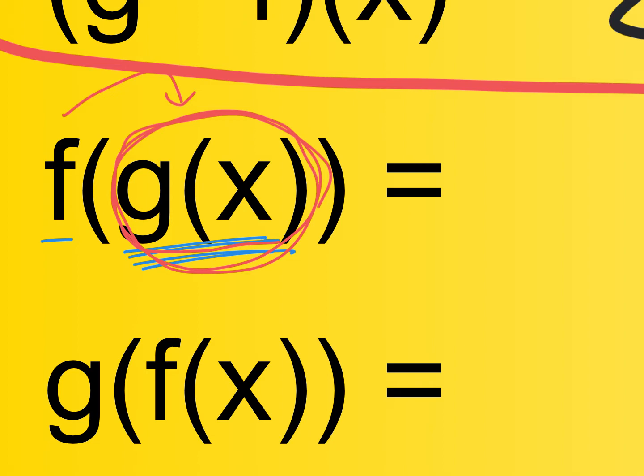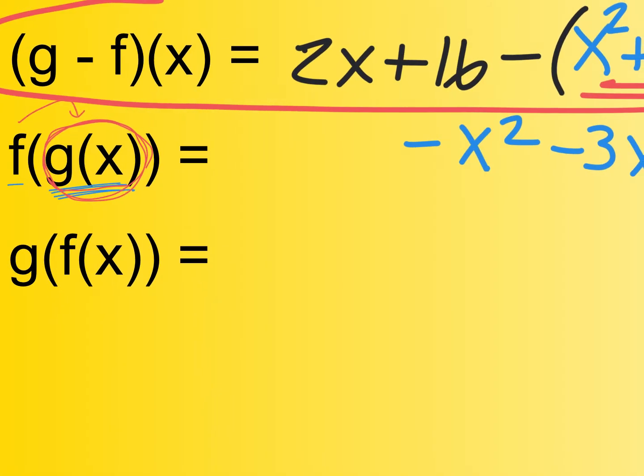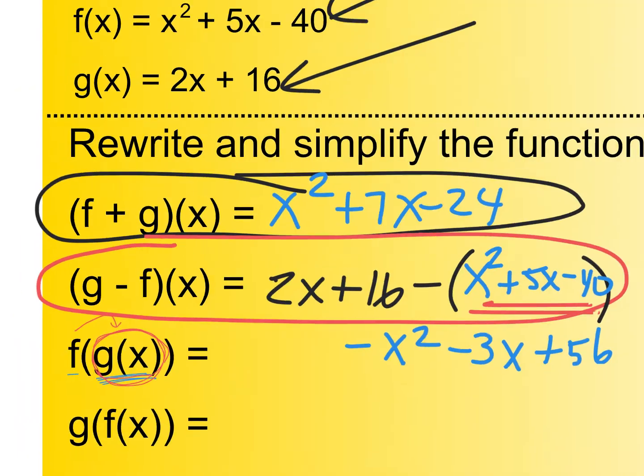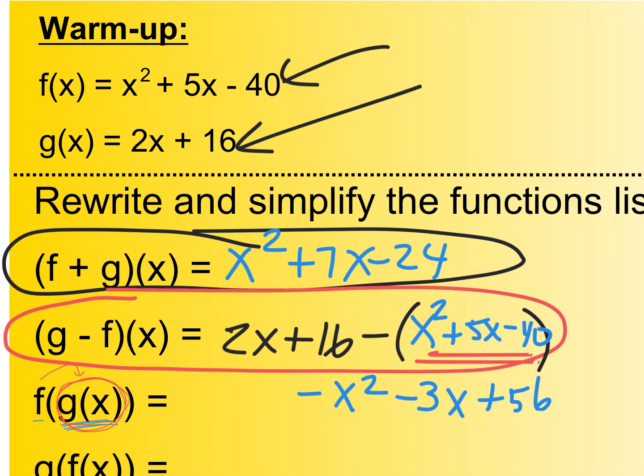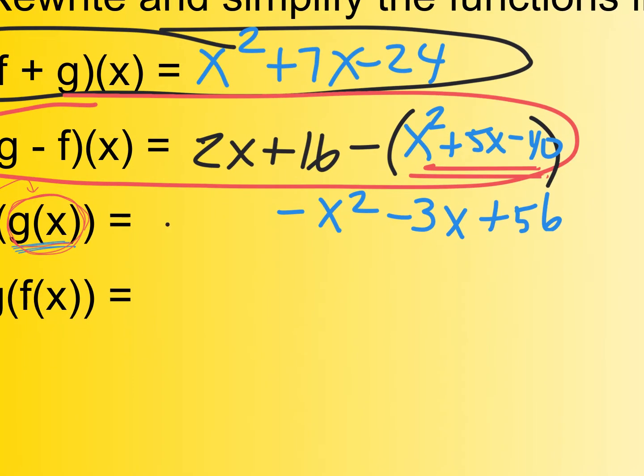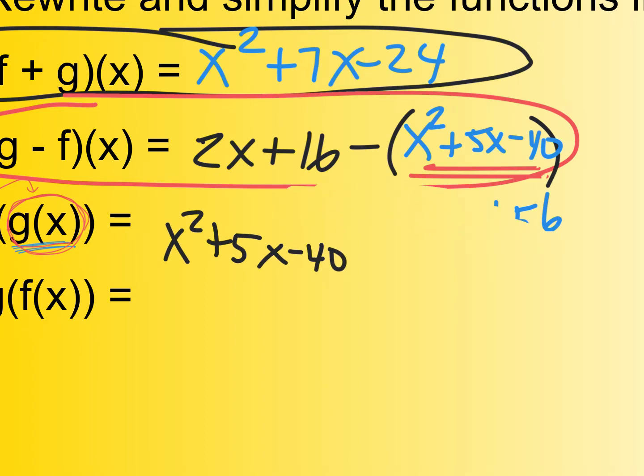And now, here's how you do that math-wise. You take the F function, which was the top one there, x squared plus 5x minus 40. I need to clear up some room for myself here, so let me erase for just a second, just to make room. Okay. Now I'm going to make an empty spot where those x's are, because the F function has to eat something, the F fish.